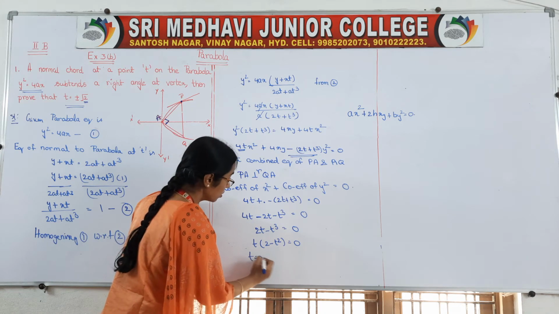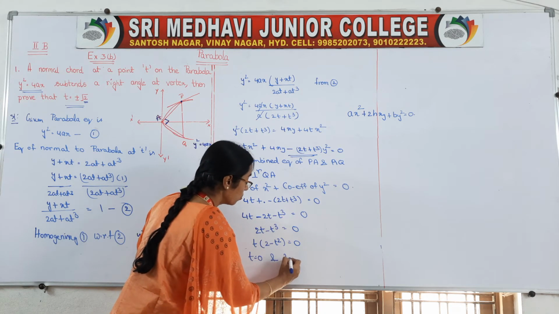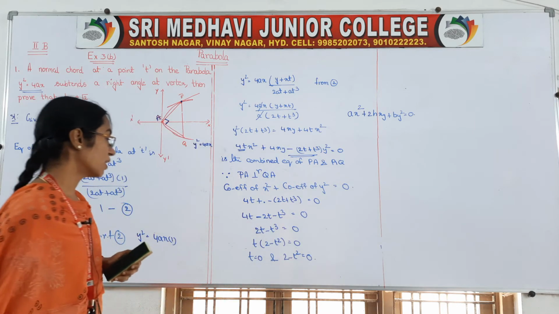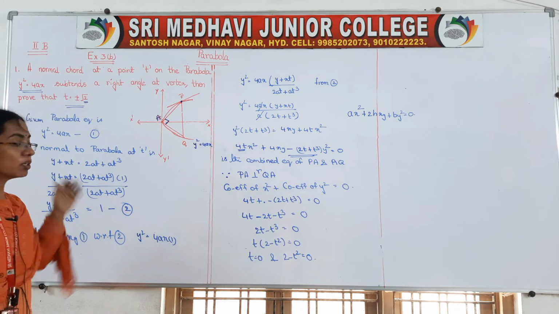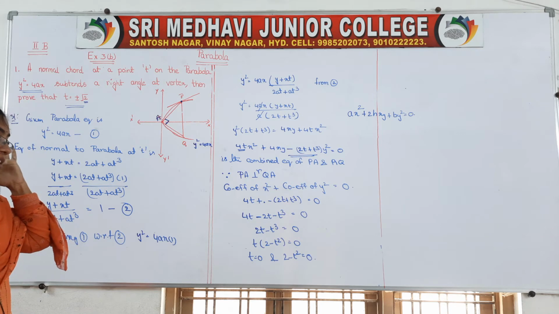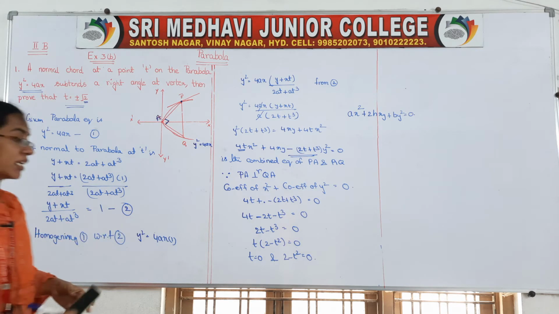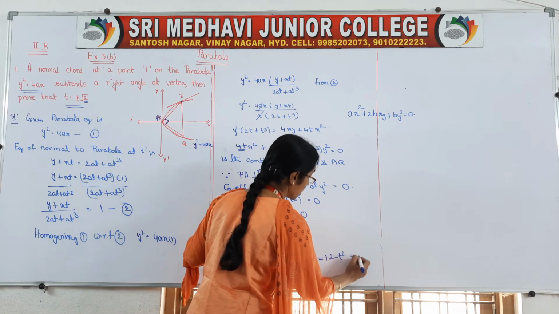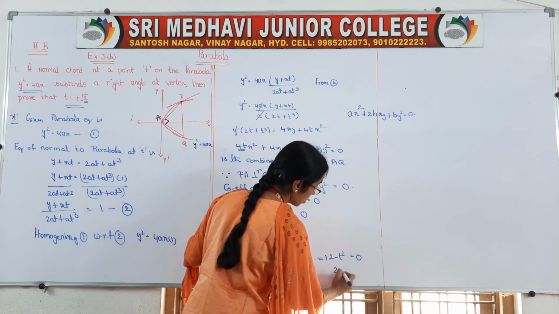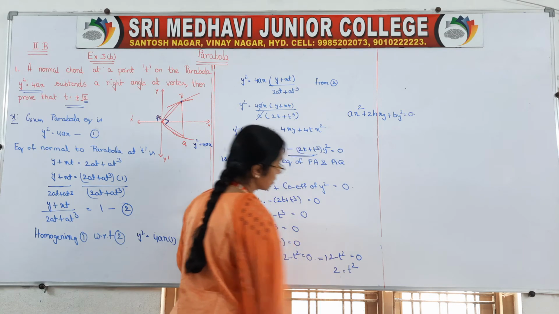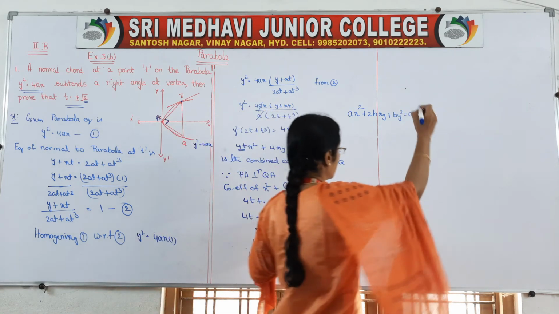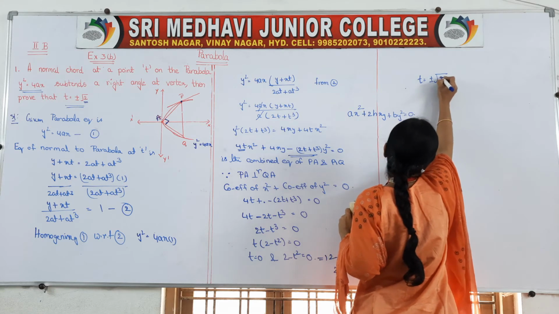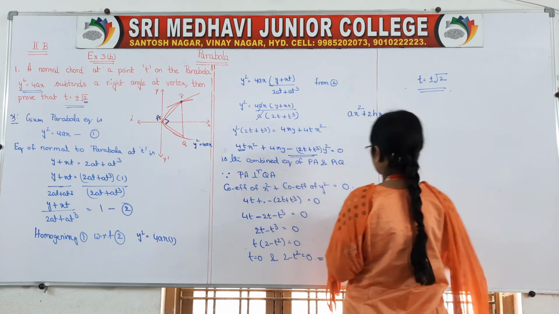So t is equal to 0 or 2 minus t square is equal to 0. We cannot take t is equal to 0 here. So next we have to take 2 minus t square is equal to 0. Then 2 is equal to t square, so t is equal to plus or minus root 2 is the answer.